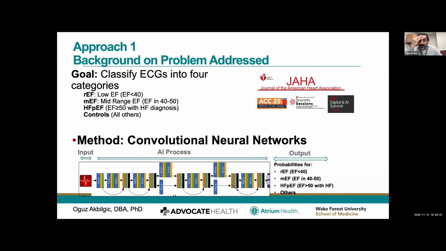So the physician also has a chance to understand that this is low EF probably because there's elevation around the ST area or a depressed P wave. This is how we are trying to explain it to physicians.